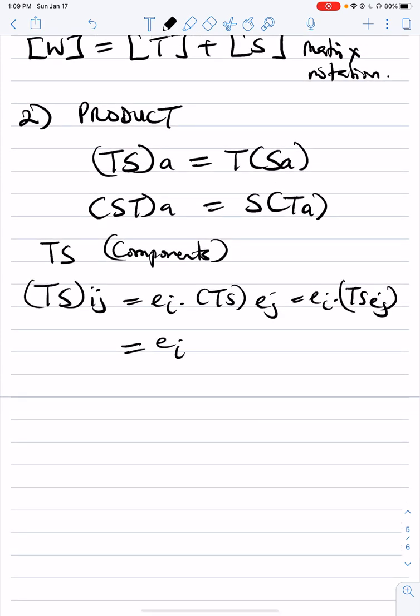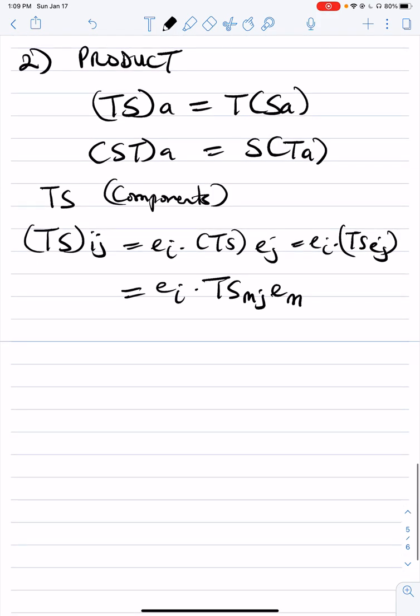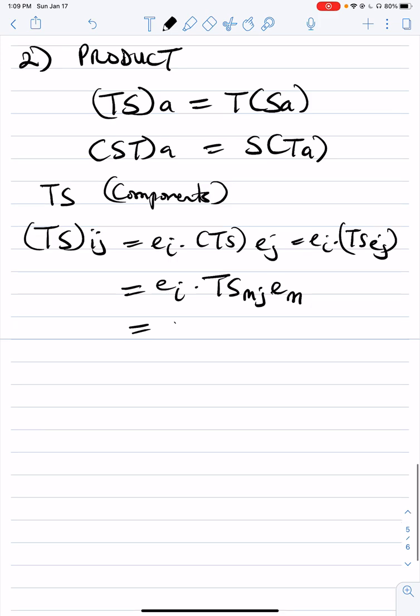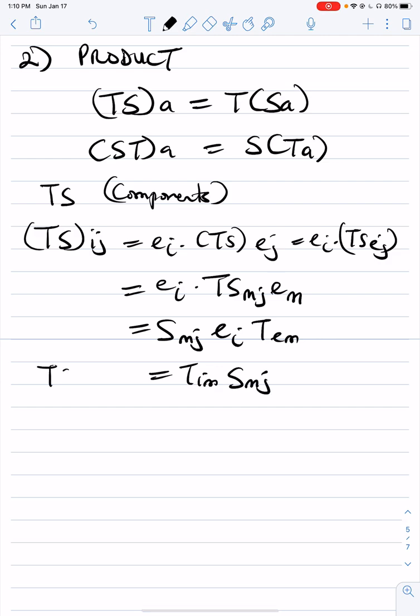Then e_i dot T of S. Now let's use the m_j e_m. You have to take care when using the notations so that we can split the S to become S m_j e_i, T e_m equals T_im S_mj. So T of S.